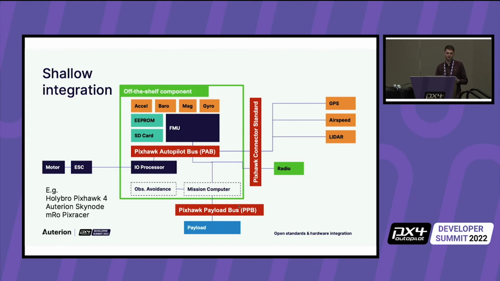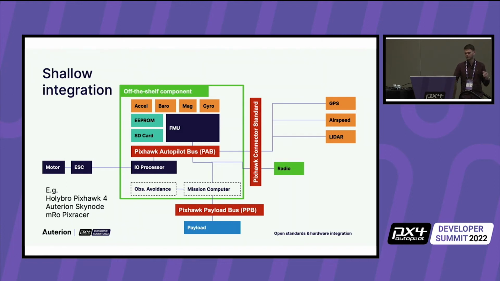So you can buy an off-the-shelf component that includes all of these parts here, maybe even includes the Pixhawk Autopilot bus. And these components, we all know. It's, for example, the Holybro Pixhawk 4, this guy here, or any of the newer versions of it. It's the Auterion Skynode, it's the same thing. It's basically a hardware component you can buy.